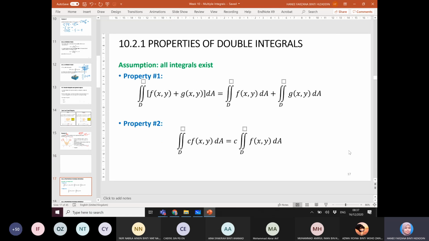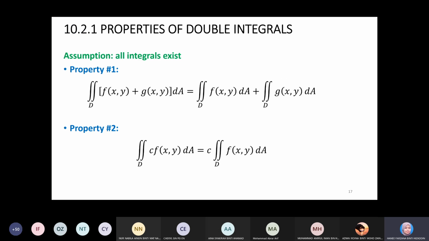Next we go to the properties of double integrals. We just need to read these properties so that we can make use of them when it's useful. The first property is that if you have two functions added together, you can separate it into two different integrals.